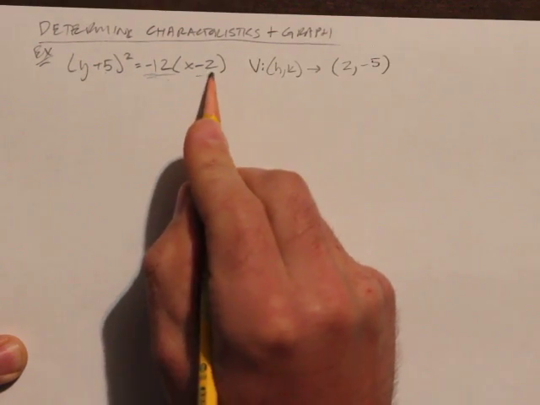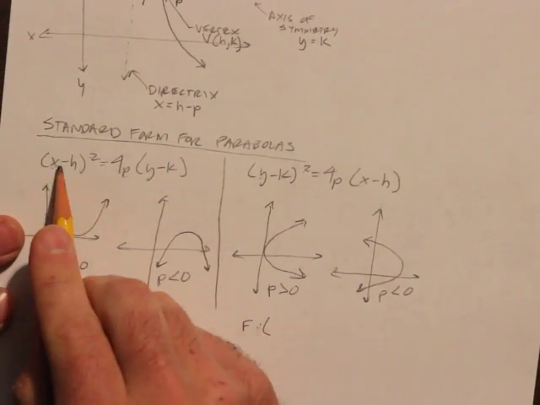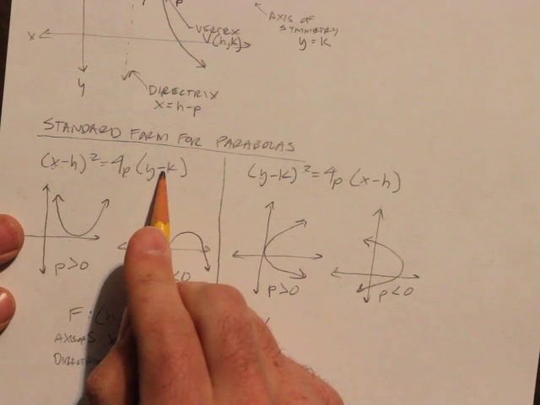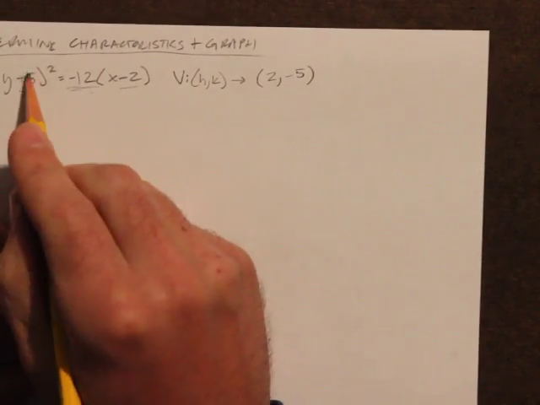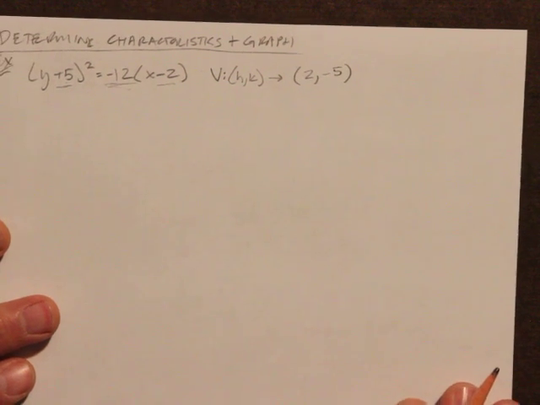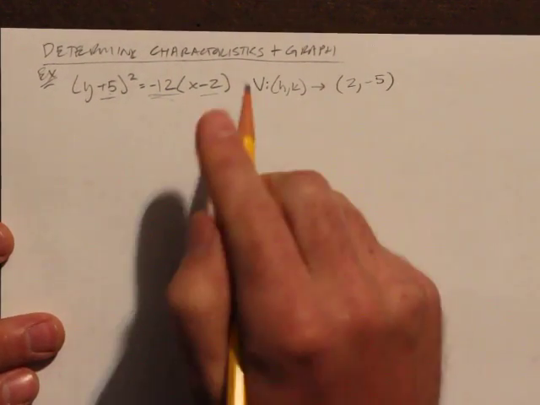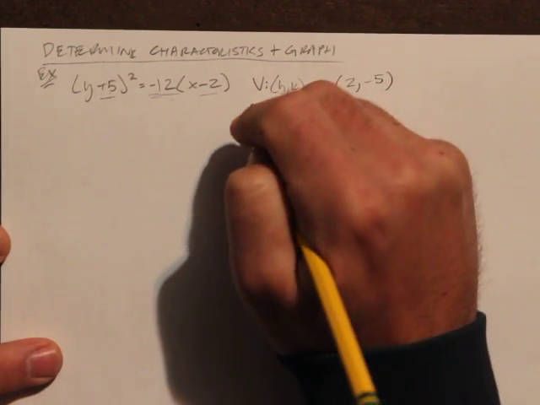Notice I took what looks like the opposite. Remember, in my standard form for a parabola, I've got x minus h, y minus k. That means I take the opposite of what's in here, and those are the values for my vertex.